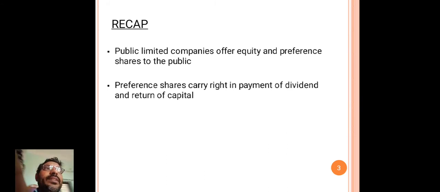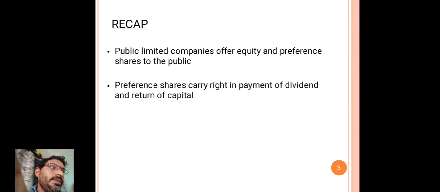In a joint stock company, at the end of the year, the total profits will be calculated. In distributing the dividend, the preference will be given to the preference shareholders.